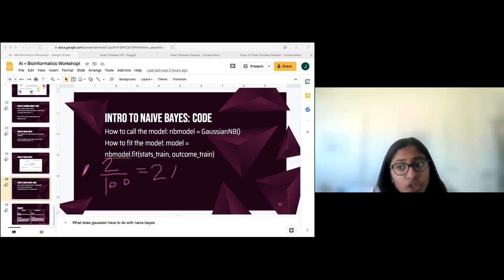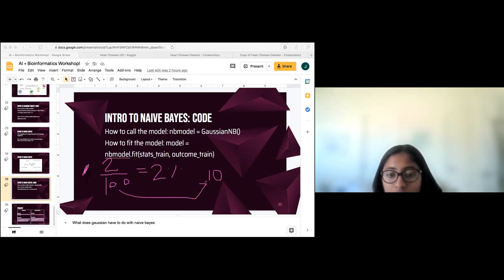But what if I told you that both of the emails that are spam have the word deal in them? Then that makes the group a lot smaller, because out of this giant inbox of 100 emails, only 10 have the word deal in them. So now instead of 100, your group is only 10 emails long.